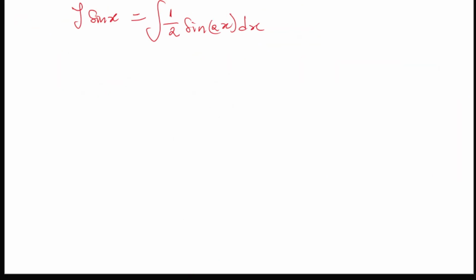Now, if we have this equation to look like this, the next thing we do is we are still integrating this right hand side. Integrating this right hand side, we can bring our constant outside, and we'll have y sine x equal to 1 over 2 integral of sine 2x dx.